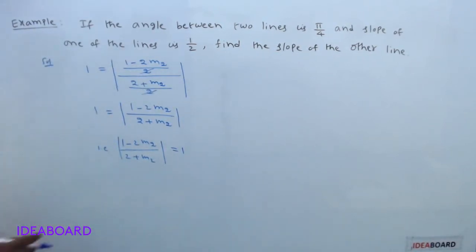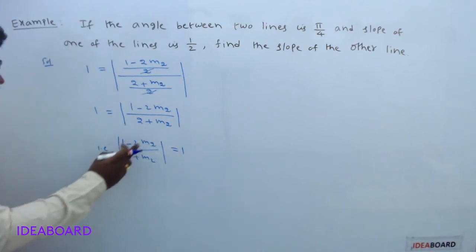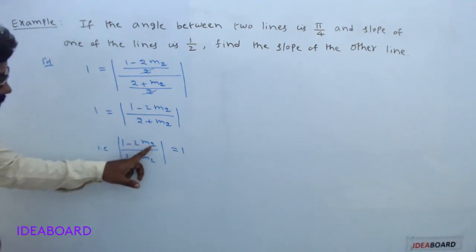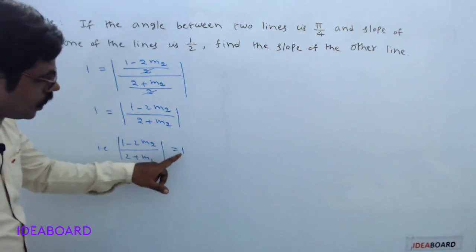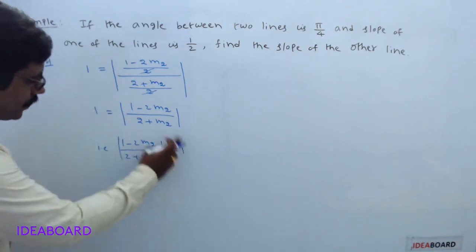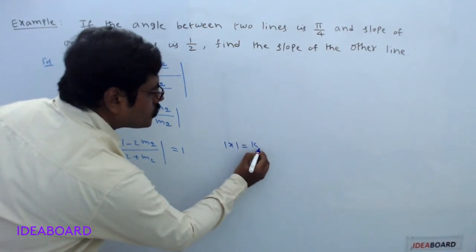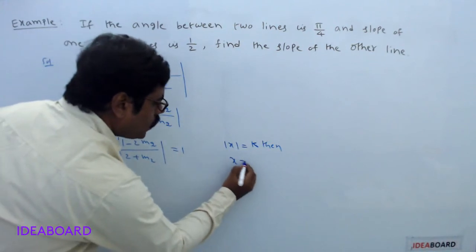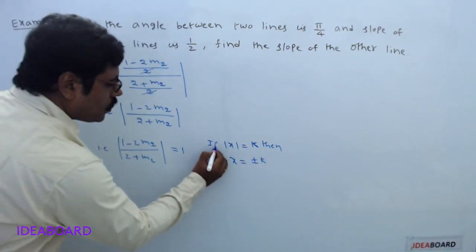Now consider 1 minus 2m2 divided by 2 plus m2 as x, and this constant 1 as k. This equation is of the form mod x equals k. Then x can be taken as plus or minus k. What is the formula?